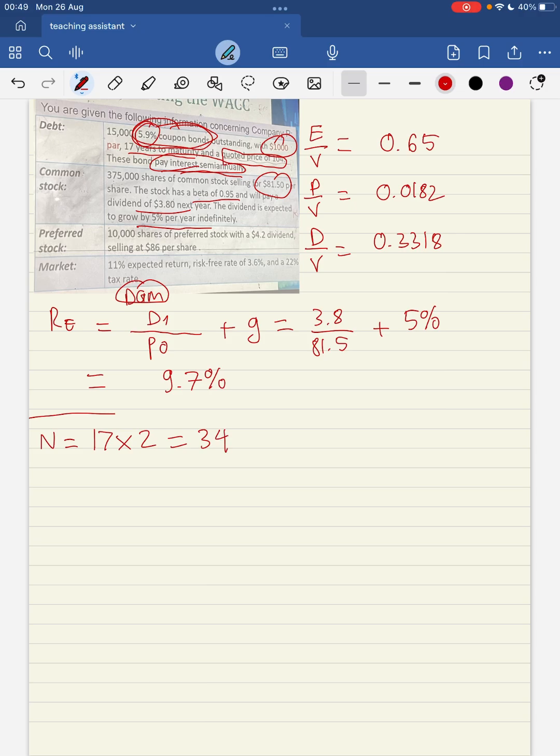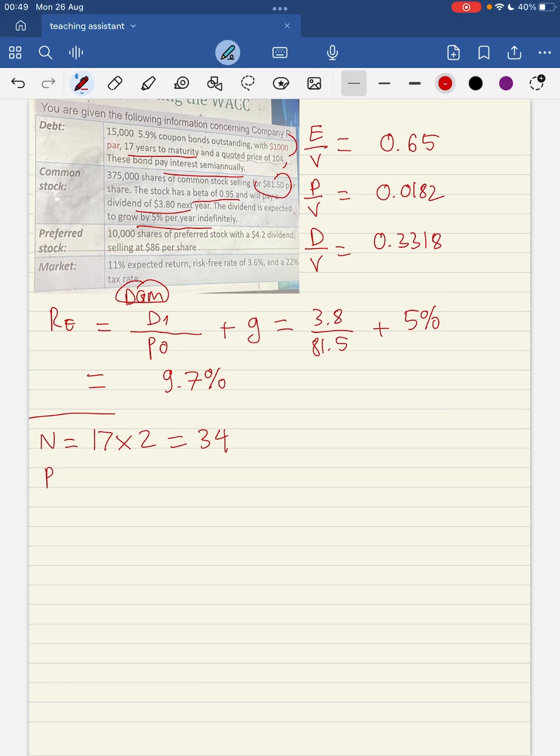How do I know it's 35 times 2? Because the bond has 35 years to maturity and pays interest semi-annually.